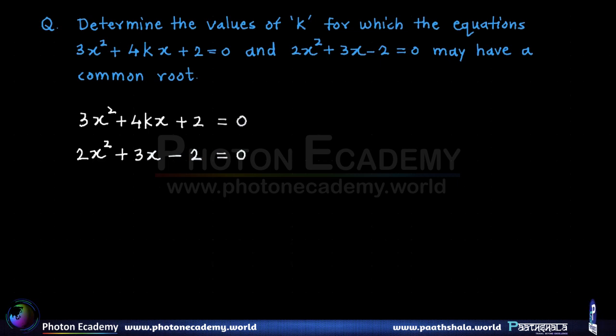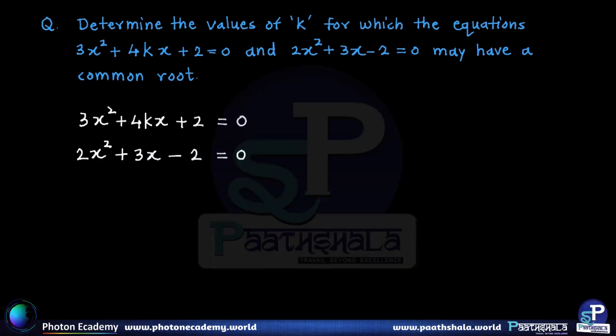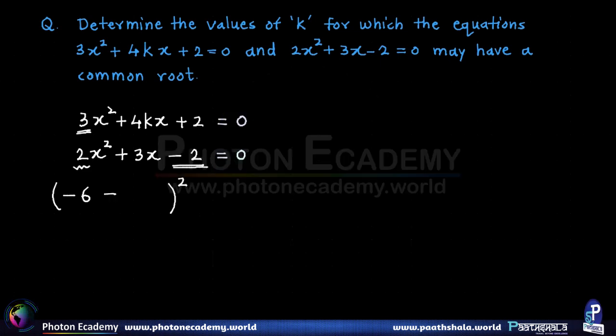Now we know the condition for one common root is the square of the bigger cross product, so that is 3 into minus 2, which is minus 6, minus 2 into 2, so it is minus 4, is equal to the product of the two smaller crosses.